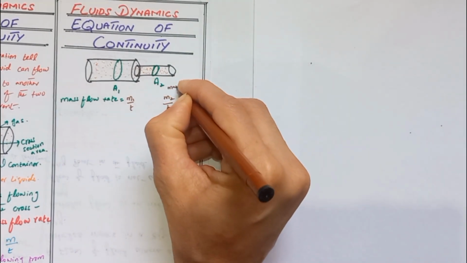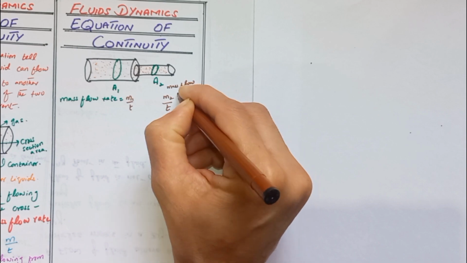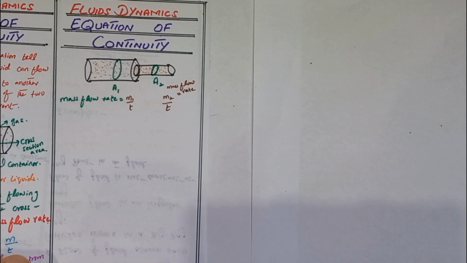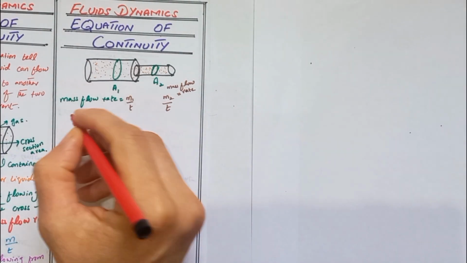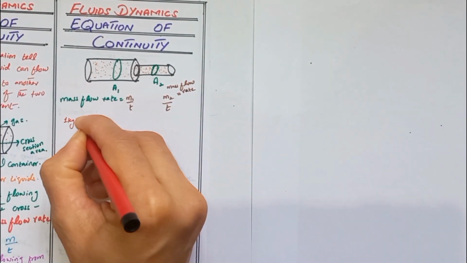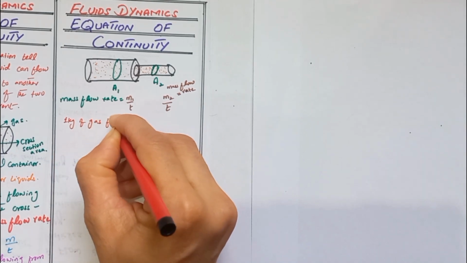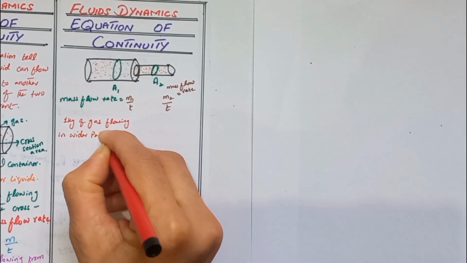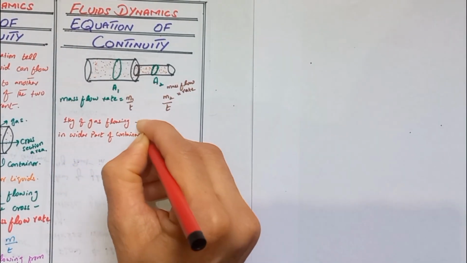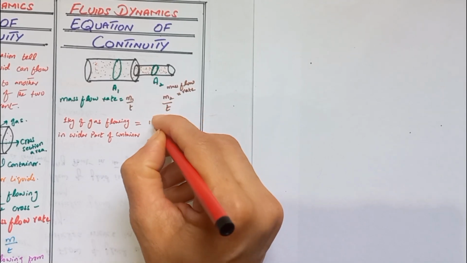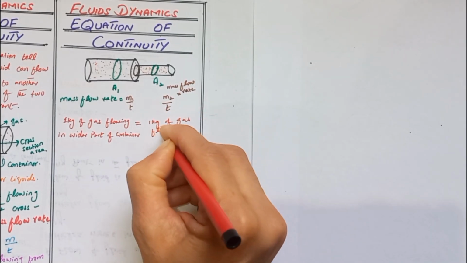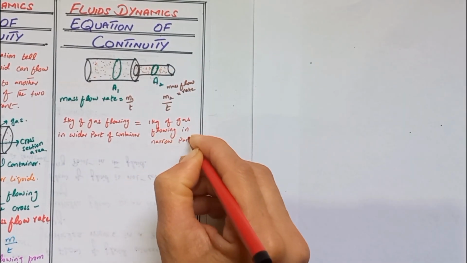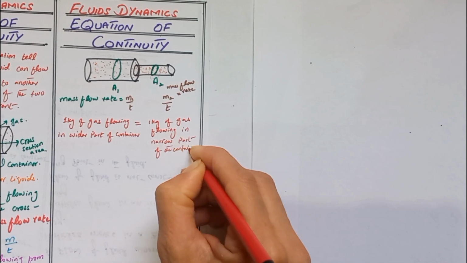This means that the 1 kg of gas flowing in the wider part of the container is equal to the 1 kg of gas flowing in the narrow part of the container.